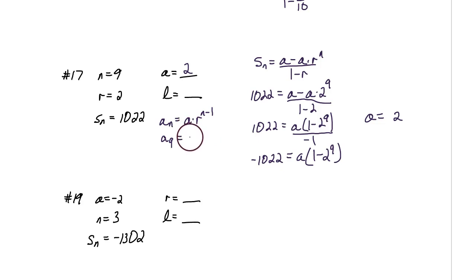For a, substitute 2. We had just figured out the a. For r, it's 2, and then 9 minus 1 is the exponent. Take a calculator and figure out what this makes. It's 512. So the last term is 512.